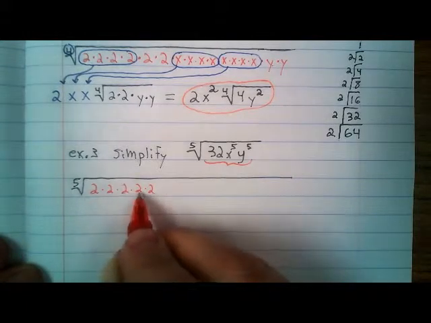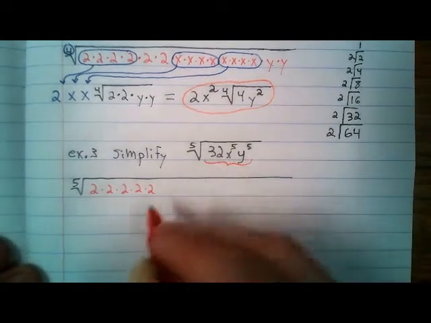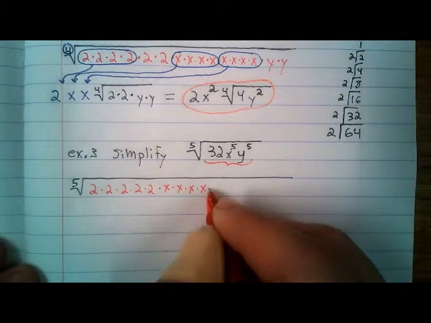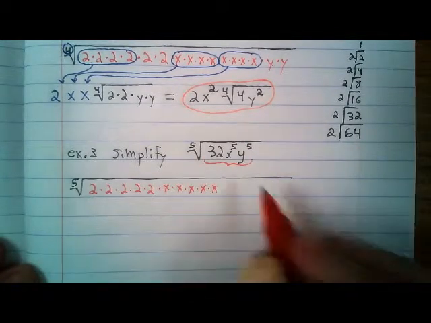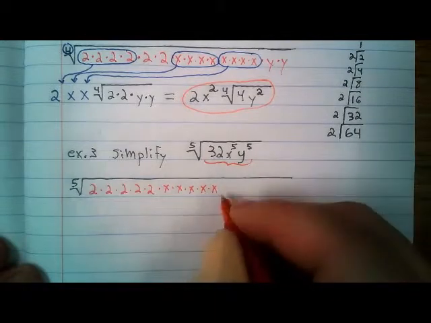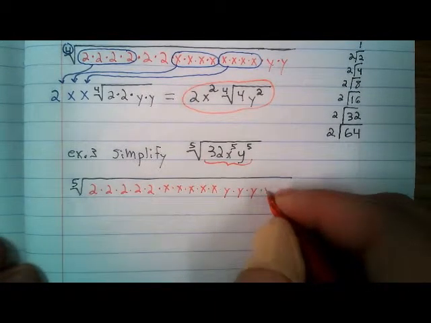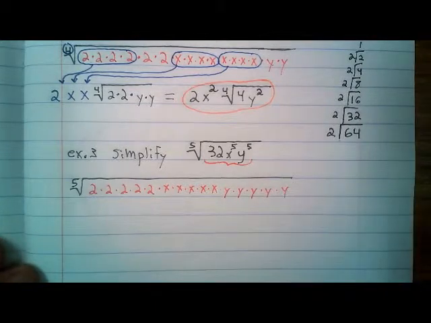Right, 1, 2, 3, 4, and 5. X to the fifth, that's x being multiplied by itself 5 times. And y as well to the fifth is y being multiplied by itself 5 times. So that's pretty perfect.